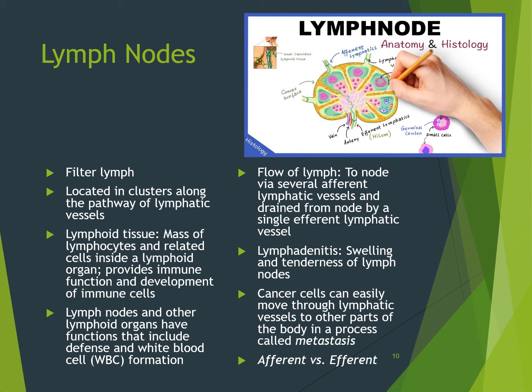And commonly, way back when, before we had sentinel node biopsies, we used to do axillary node dissections when we would do mastectomies. And the reason for this was hopefully to prevent metastasis from the breast and to other areas of the body. So we would remove all of those lymph nodes.